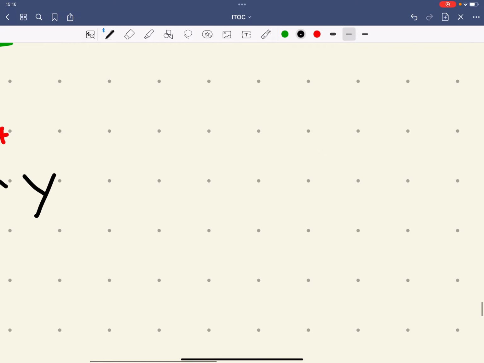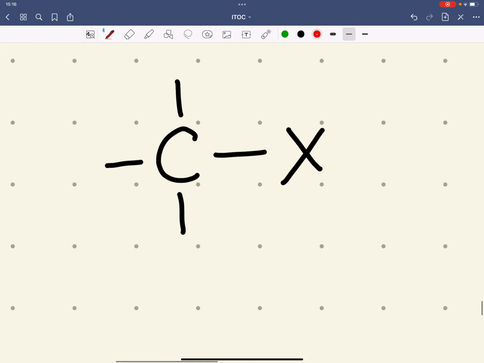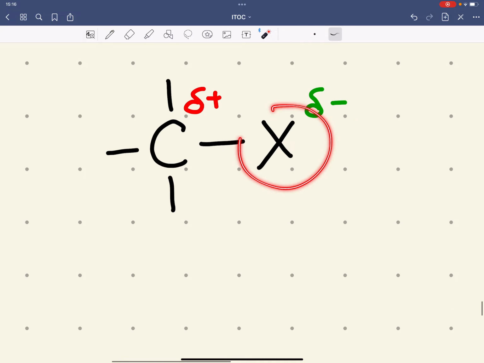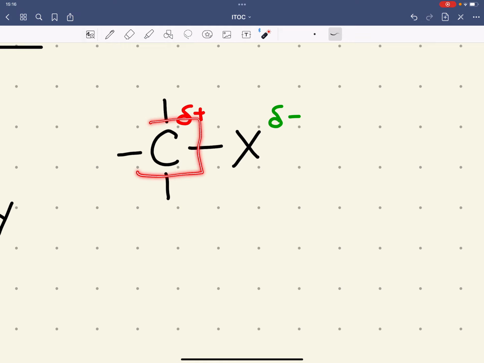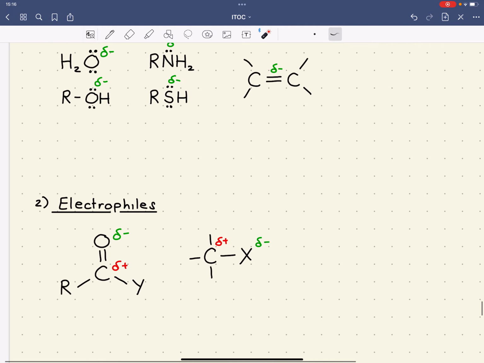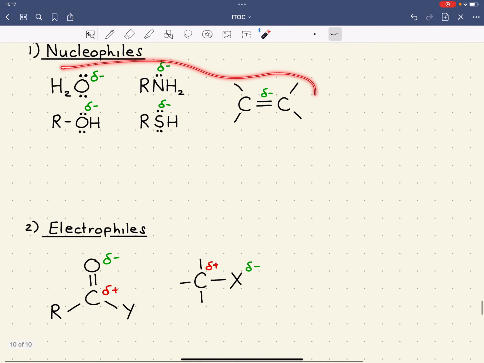Other groups which can be attacked by nucleophiles would be alkyl halides. So again, this is delta positive, this is delta minus. If this X is a halogen, such as fluorine or chlorine, again you'll have a delta positive carbon, and that can potentially attract these nucleophiles.